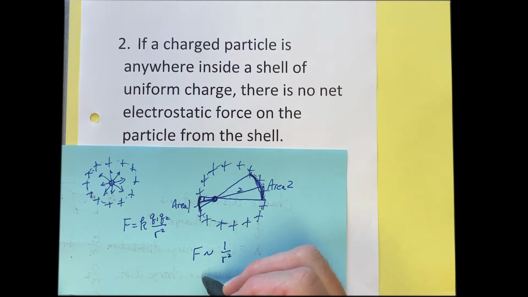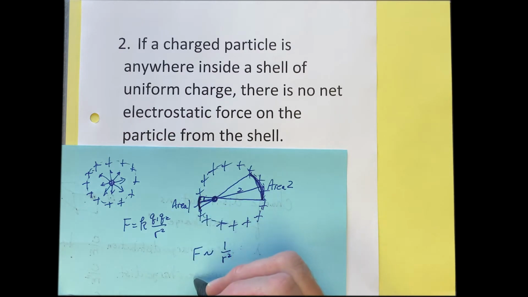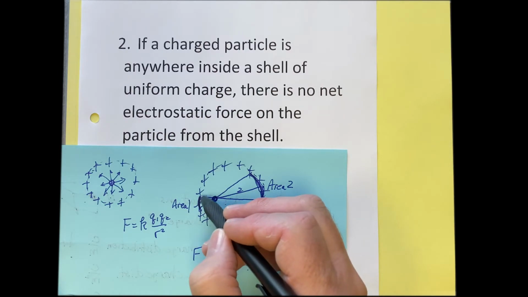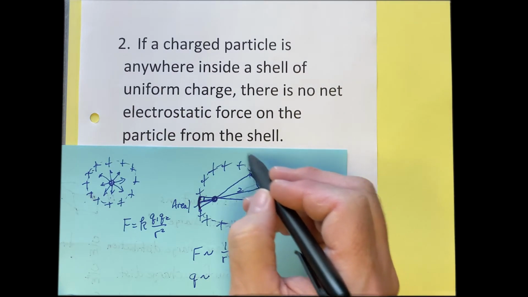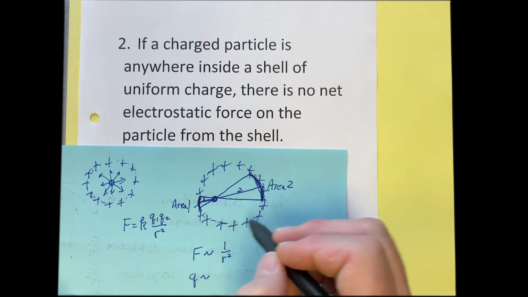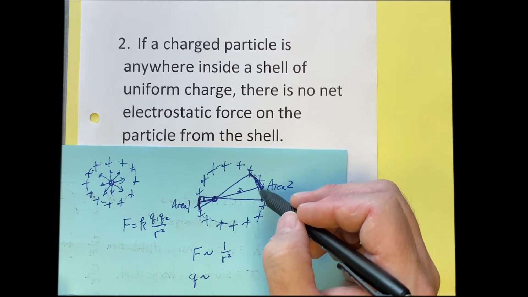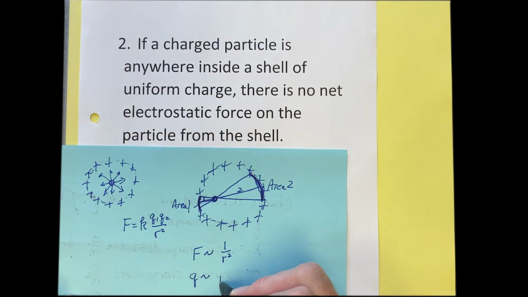But you need to realize that the charge that goes on top here is related to how far away it is. So how much charge you include in your calculation, at least initially, before you integrate over the whole thing. You would eventually integrate over the whole thing, but at least to set up the equation, you need to know how much charge is in there. And the amount of charge there is related to the distance that the charge is away. So it's related to r squared.